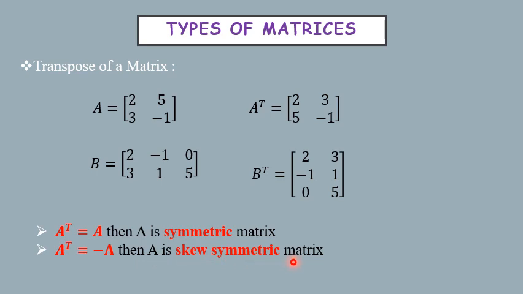Skew symmetric matrix means all diagonal elements are 0 and elements opposite to diagonals are equal in magnitude but opposite in sign. So using this it is possible to identify whether a given matrix is symmetric or skew symmetric. So just revise all these points. Okay, thank you.